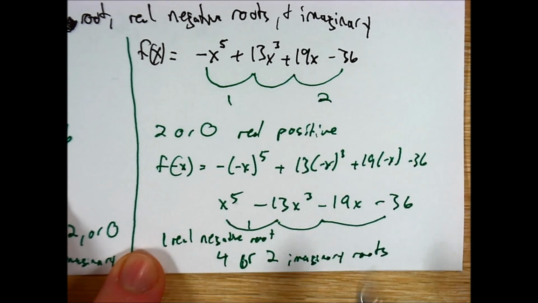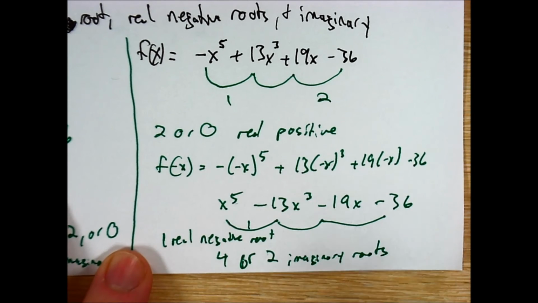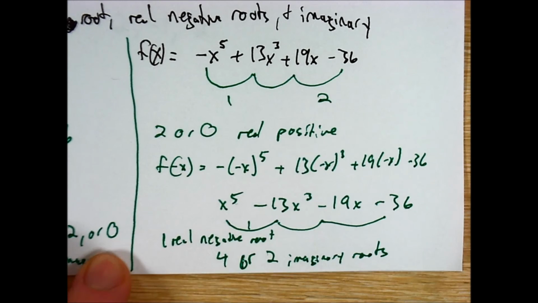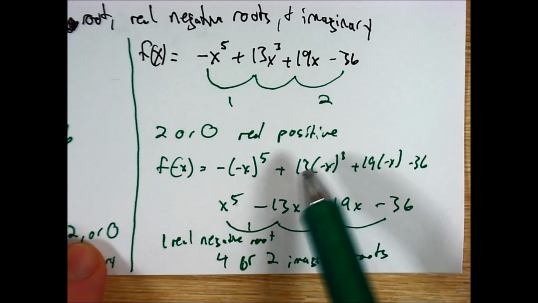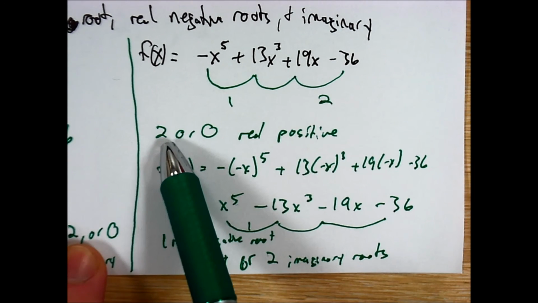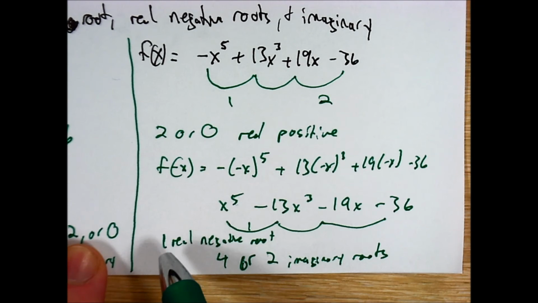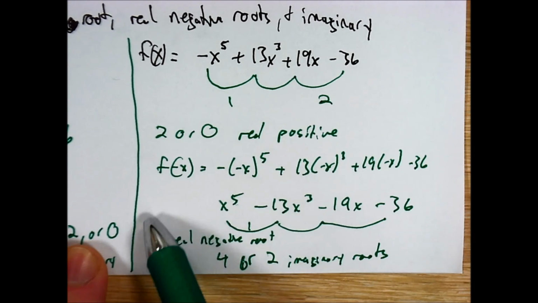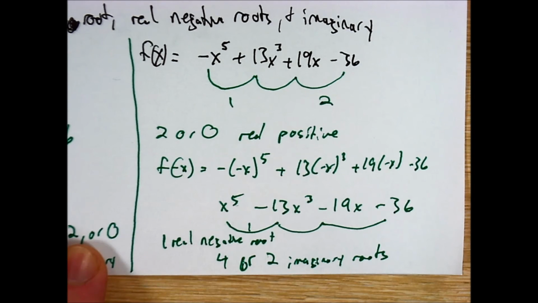Notice this one doesn't have an option of 0 imaginary roots. I'm at x to the 5th, so I'm going to have 5 roots. If I use the maximum on both the real positives and real negatives, I'm still going to be short. I'm still going to need 2 imaginary roots. So just be careful with our possibilities here.